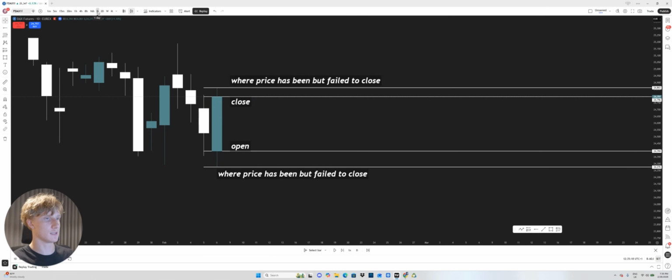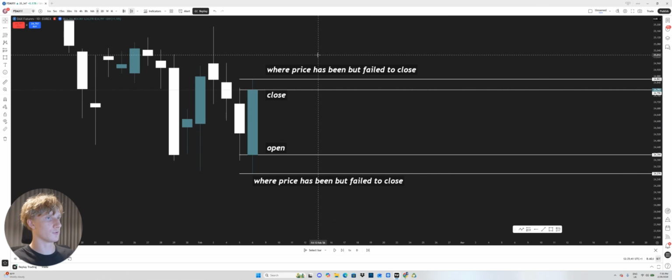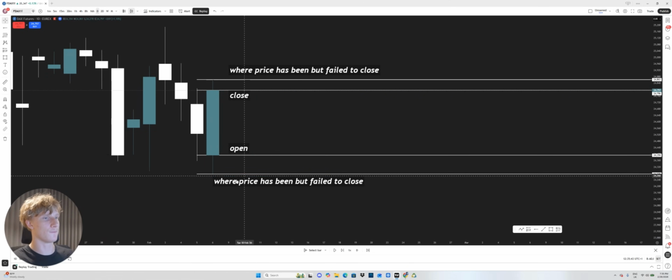We're on a daily timeframe, so this represents the entire Friday candle. After Thursday, we opened down here at 24,396, and when the market closed, we closed at this level right here, 24,798.